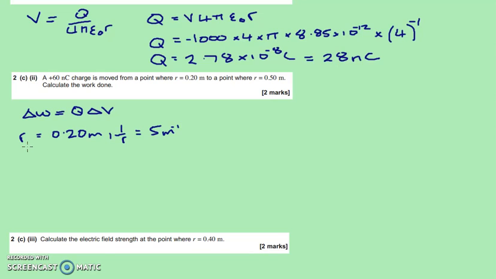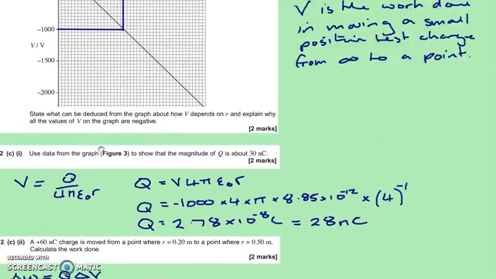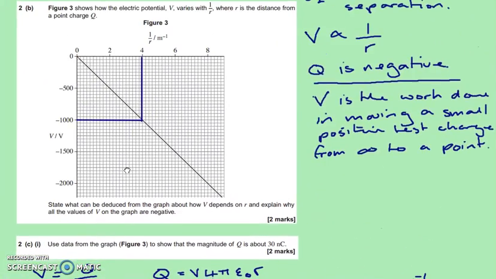So we're going from here, so R1, R2 here. So that's 0.50 meters. So 1 over that is 2 meters to the minus 1. So if we have a quick pop back up to our graph, we're looking for 5 and 2.